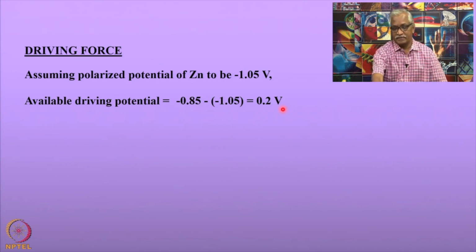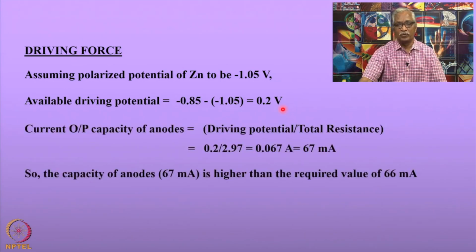Now the question is whether this 0.2 volt is sufficient to overcome the resistance, which is 2.97. You can see here that the anode bed can give 67 milliamperes of current, barely managing to give the required current of 66 milliamperes.